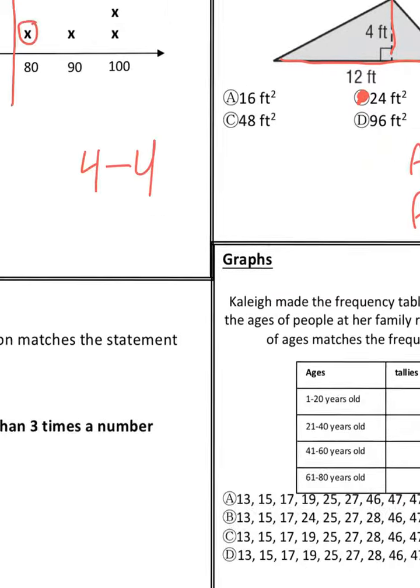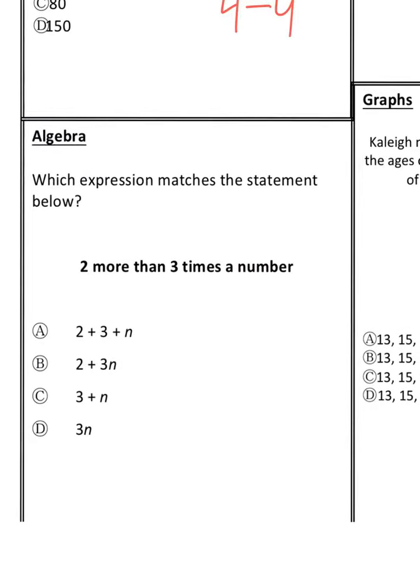Okay, next one. In this one, we have an algebraic expression. It says, which expression matches the statement below? 2 more than 3 times a number. Okay, I'm going to break this down into some parts here. So 2 more is going to mean 2 plus. 3 times a number means 3 times a number.